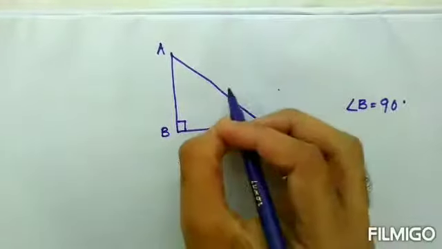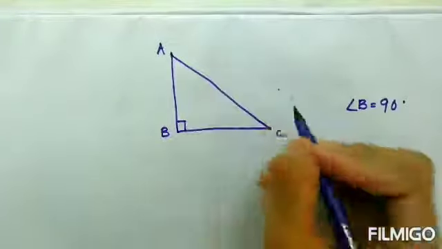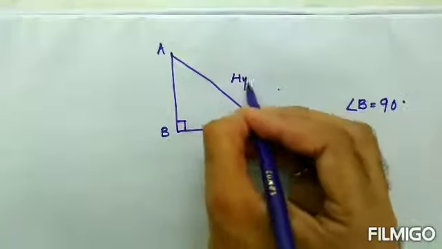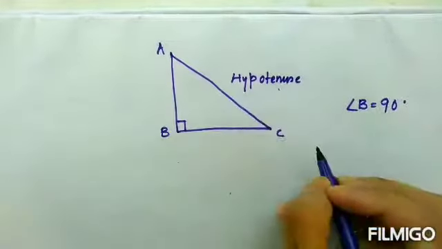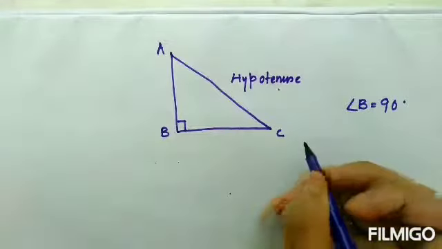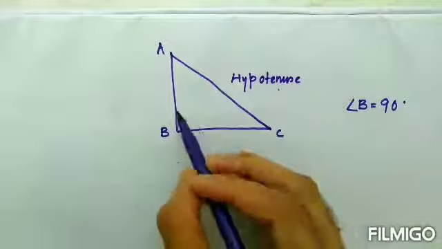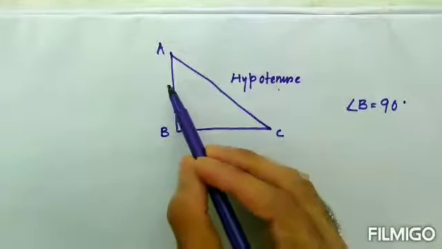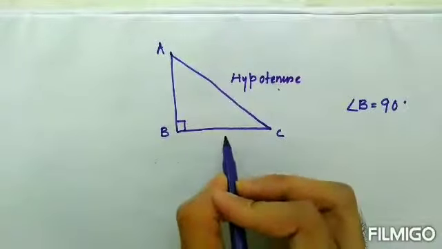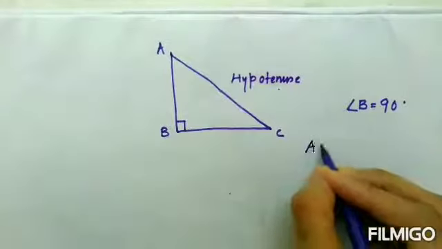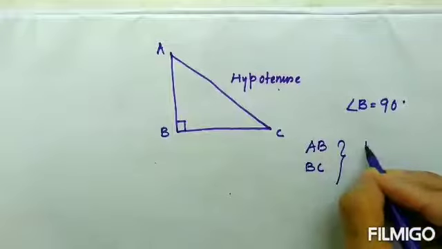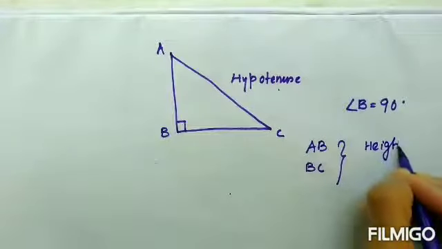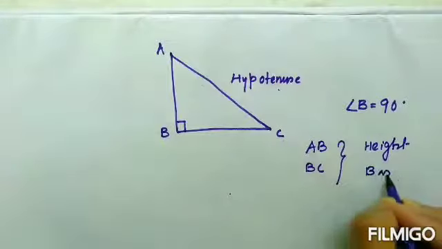So in this triangle, this AC is the hypotenuse, we all know that. But can you say within AB or BC, which one is height and which one is base?